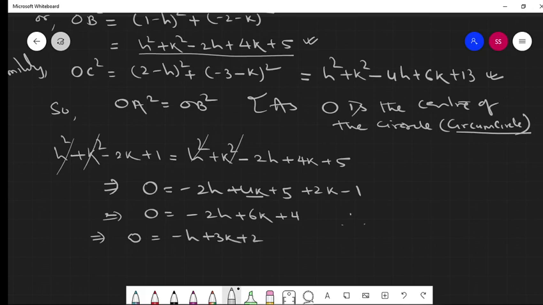Therefore the equation is h minus 3k minus 2 equals 0.